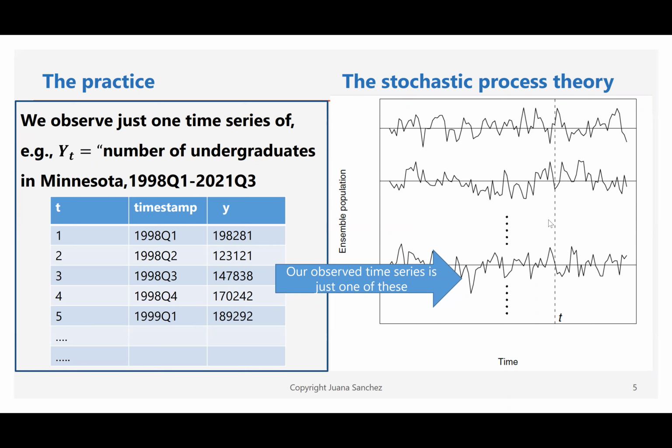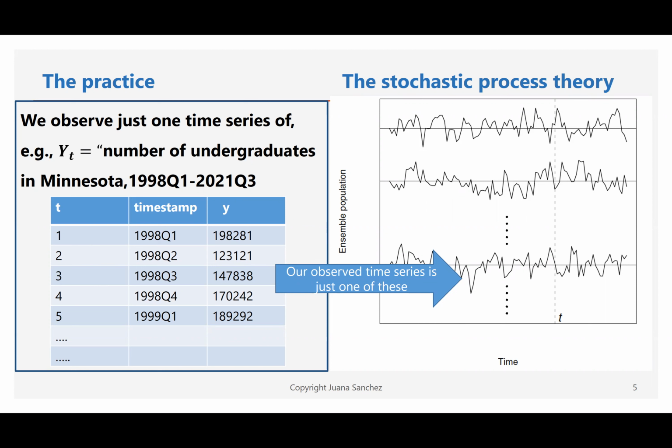Well, this notion of just having one observation is kind of alien to us because in statistics, we are told all the time that you want to have a large sample, right? So you will say, well, if one observation is one sequence, why don't we have a much larger sample? Why don't we get more time series? Well, in life, we only have a chance to observe one time series. We cannot go back and start the process again.